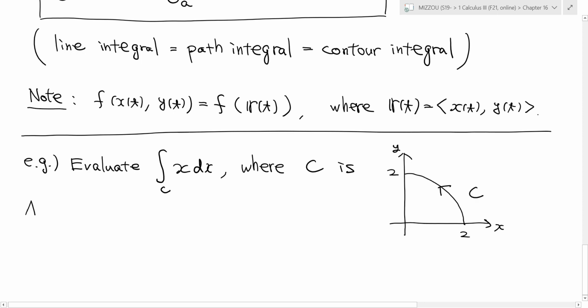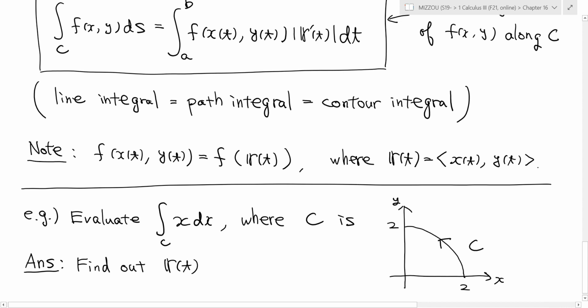So how should we do this? Essentially, for line integrals, the most important point is to find the right parameterization r of t for the curve you integrate over. Namely, the parameterization is the key. Once you find r of t, everything is in a way mechanical, because all I have to do is plug into this formula.